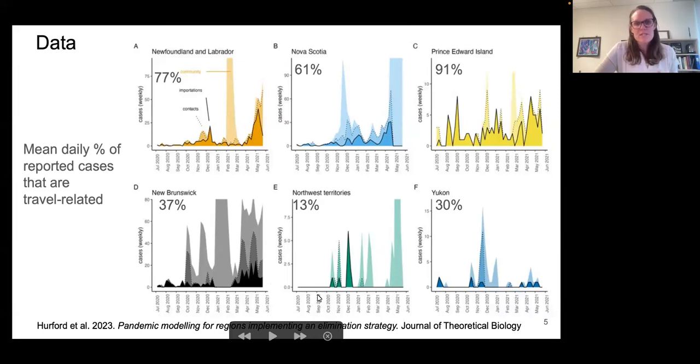And then for the Northwest Territories and the Yukon, they just reported very few cases overall, either in the community or being travel related. So this is what the data is like. It has this signature, especially for the top 3 provinces where you're seeing elimination, and you're reporting periods with no community cases, and then periods with community cases, and then periods with no community cases again.